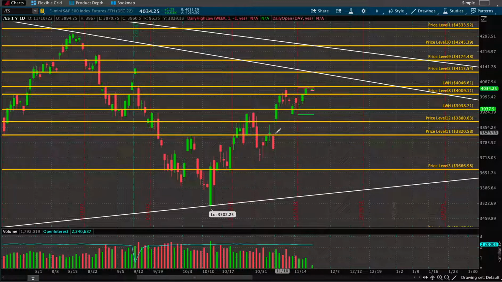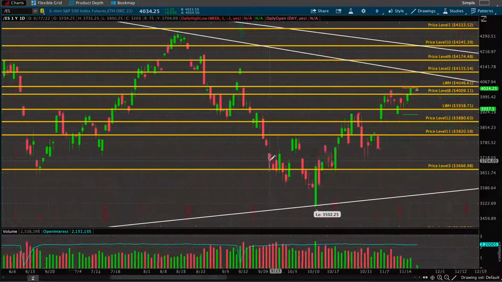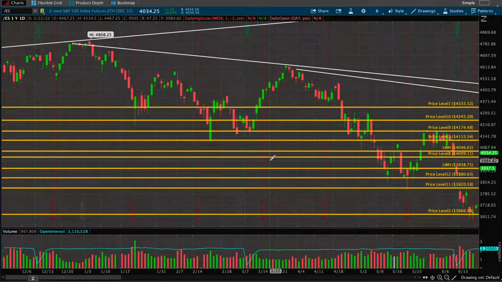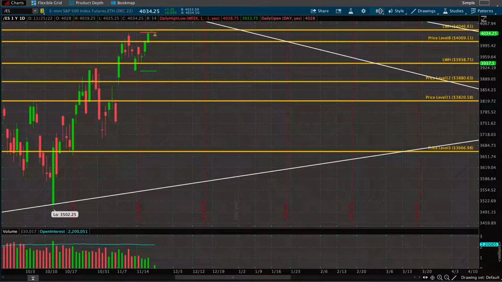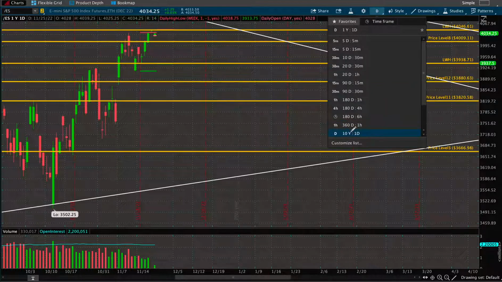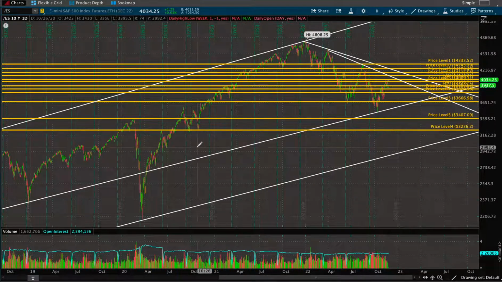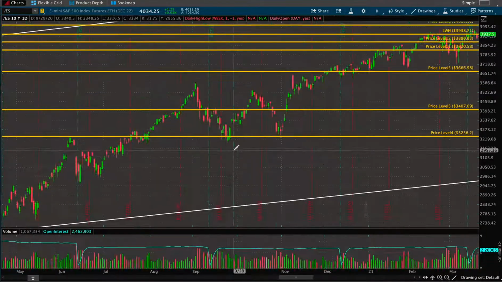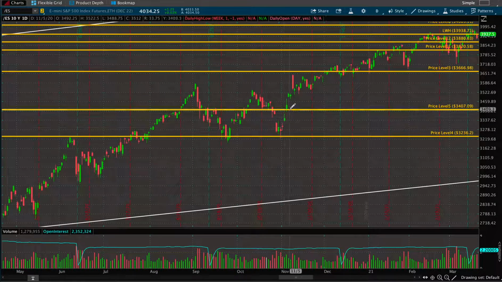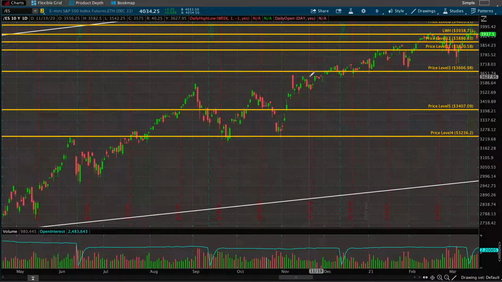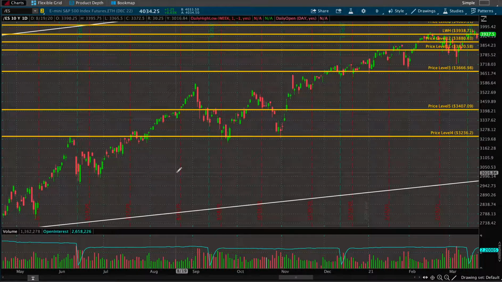There is a gap fill here, 38.20, and let's see. In the yearly there is no other gap fill. Let's look at the 10-year daily. I'm just trying to scan here and find out any gap fills. Don't see any.